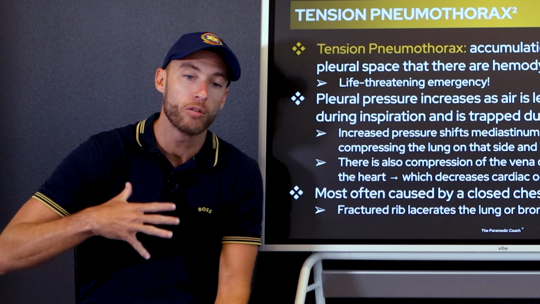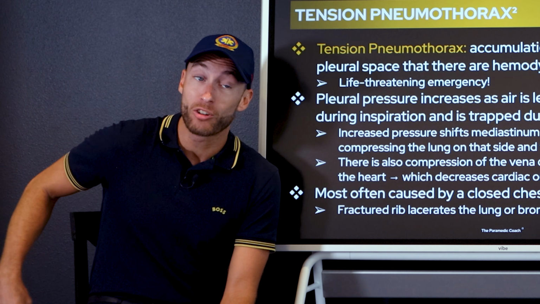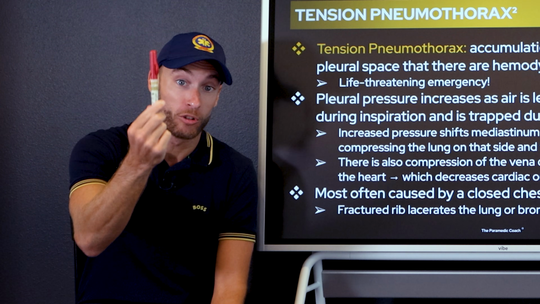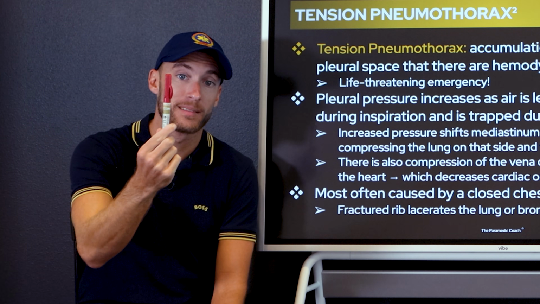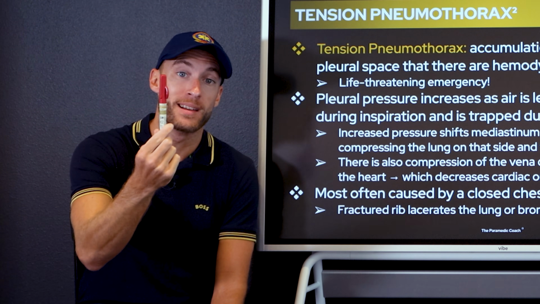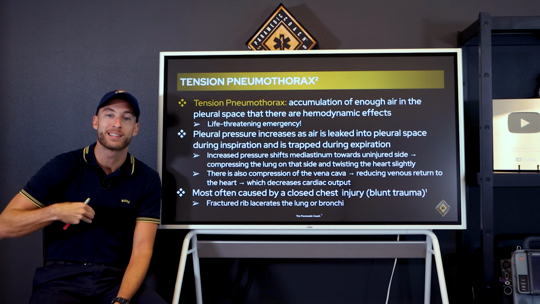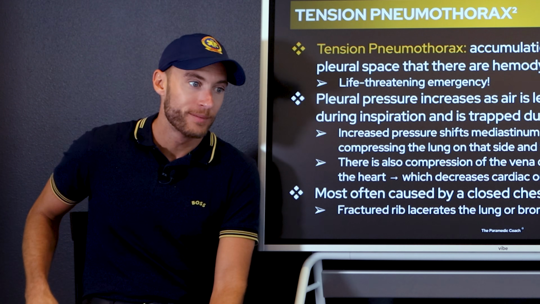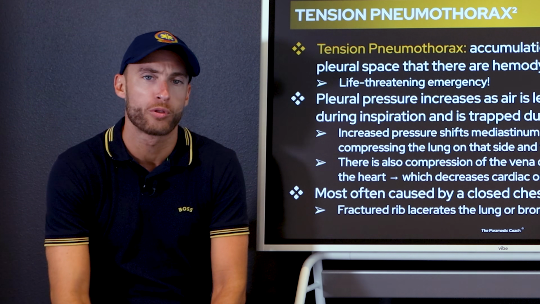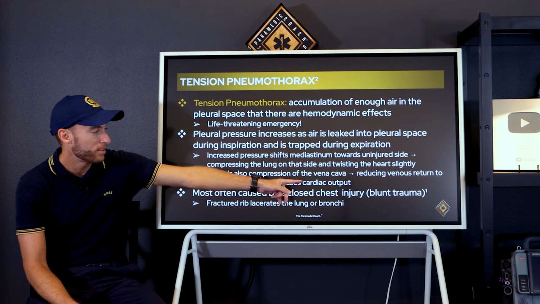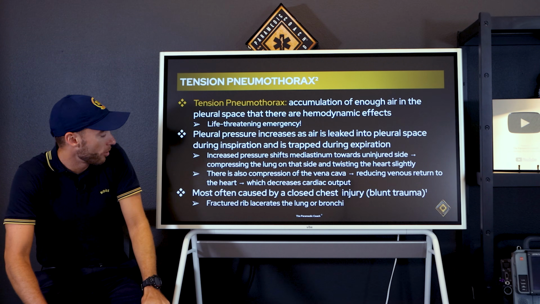It is completely enclosed, which is why we have to actually make a puncture to let the air escape that pleural space. And then the lung that was under attack can now reinflate itself. This is why we do needle decompression. And if you were going to say, Evan, what's the worst pneumothorax? A closed chest injury due to blunt trauma is ultimately going to be the worst, right?